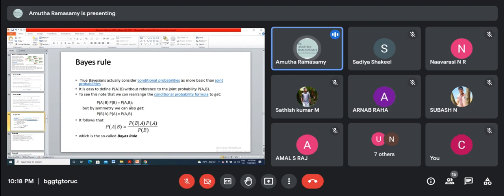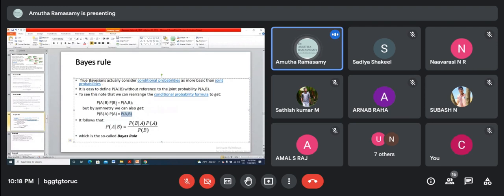So when we have Bayes theorem, Bayes rule, this is a conditional probability. Bayesians actually consider conditional probabilities as more basic than the joint probability. This will not consider joint probability, it will only consider the conditional probability. So this is one condition, this is another condition.